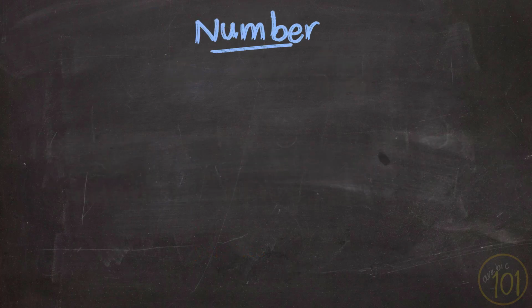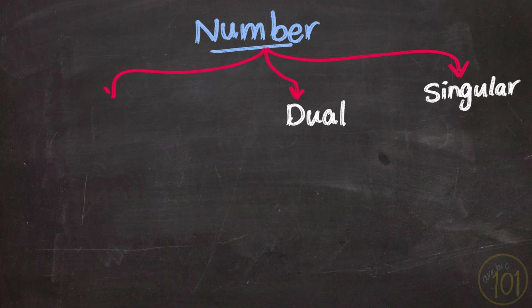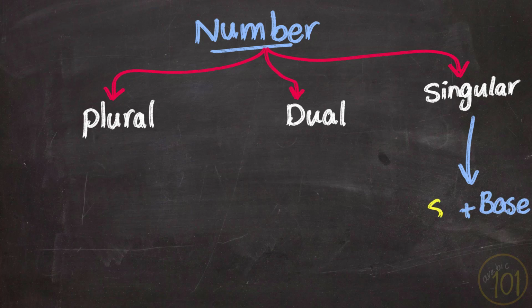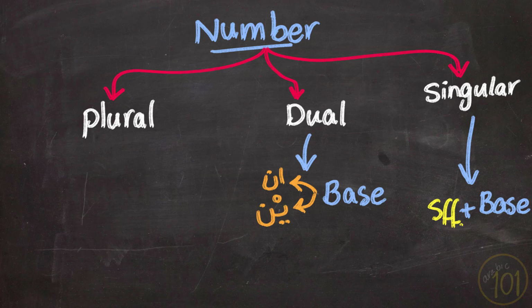So in short, the Arabic nouns could be singular, dual, or plural. Singular nouns are the base form, or the starting point if you want to add suffixes to them. To make a dual noun, masculine or feminine, you add alif and noon or ya and noon to the end of the singular noun.